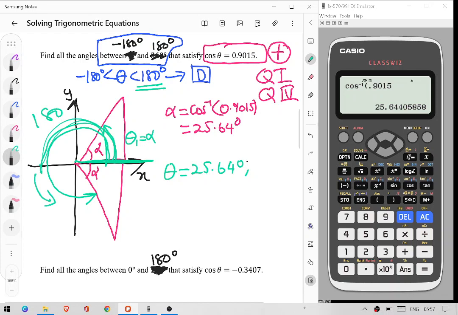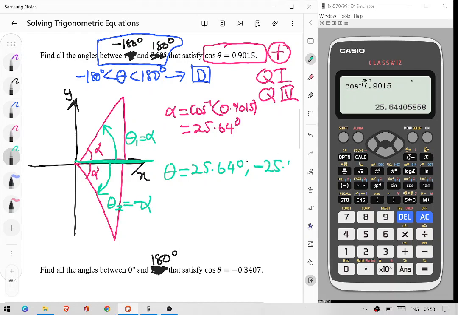But the interval allows minus 180, so we can go downwards from the starting line. If we go down, the angle is negative. So the second theta is negative alpha, and the answer is minus 25.64 degrees. That's all for the first example.